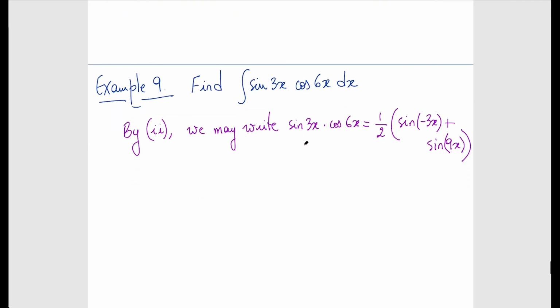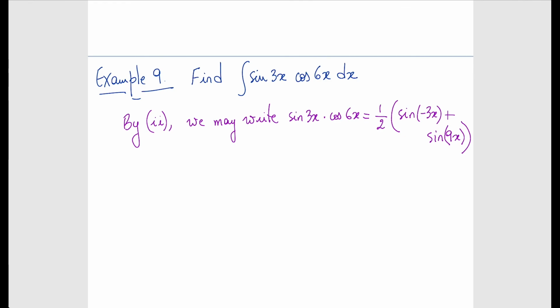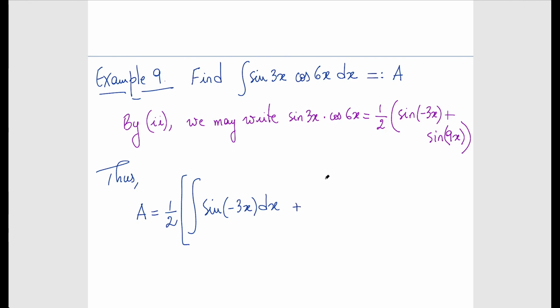And this would be the integrand. Okay? So this integral, let's give it a name. How about A? So thus A is equal to half. So the integrand now is this purple thing, half primitive of sine of negative 3x dx plus the primitive of sine of 9x dx.